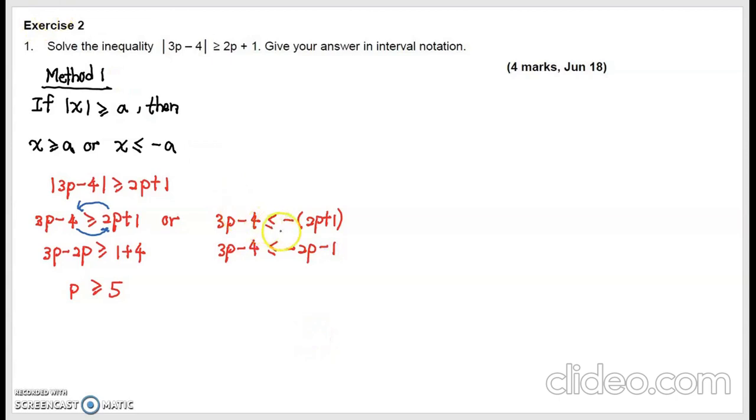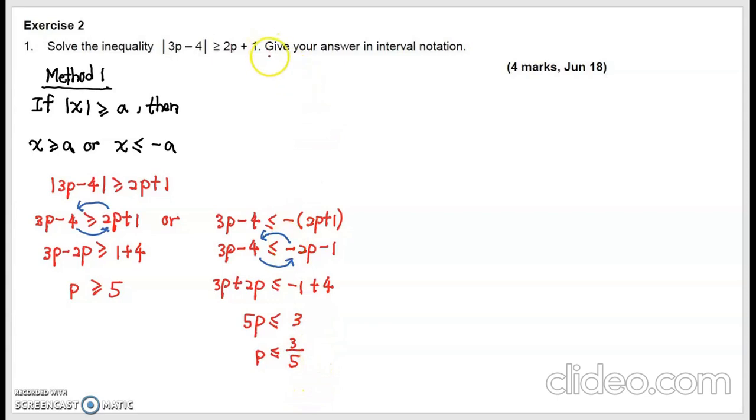Again, I move negative 2p and negative 4 to the other sides. So 3p plus 2p is less than or equals to negative 1 plus 4, so 5p less than or equals to 3. So p less than or equals to 3 over 5.